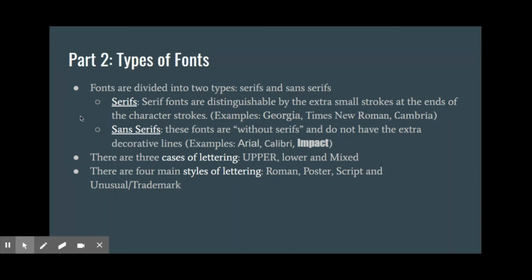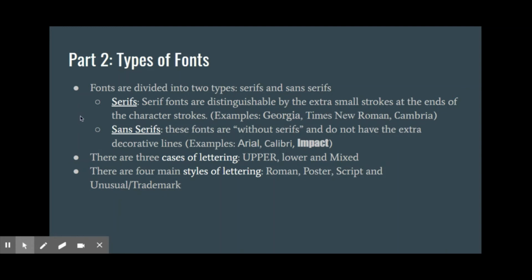You get mixed upper and lowercase letters. Okay, so there are also 4 main styles of lettering. Now these aren't necessarily correct, but they're not the usual terminology used to describe these kind of letters, but I've simplified it for you to make it easier to understand.